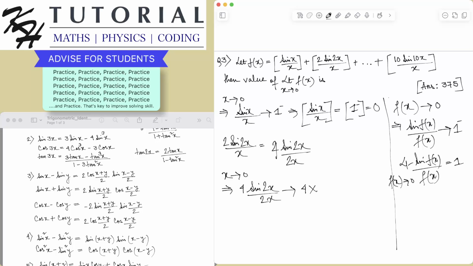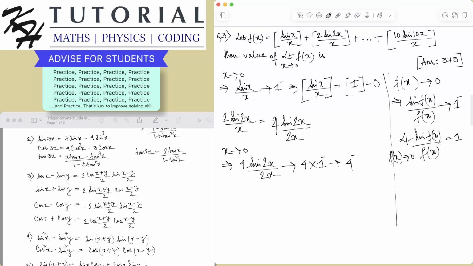I don't know whether I am writing it mathematically correctly or not, but 1 minus is the tending value of sin 2x by 2x when x tends to 0. So this is actually 4 minus. So 4 into sin 2x by 2x will tend to a value which will be a little less than 4. Similarly, you have to find for all the given terms.